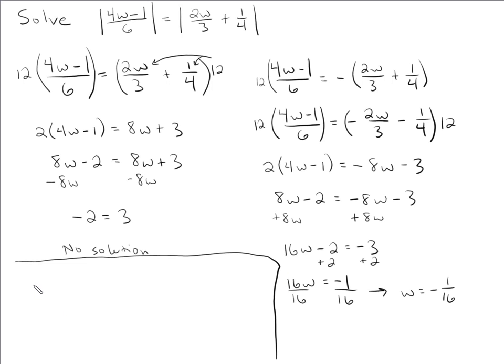So if we plug that in, 4 times negative 1 over 16 minus 1, and this is all over 6, and it's all in absolute value bars, is equal to 2 times negative 1 over 16 over 3 plus 1/4, and again all of this is in absolute value bars.